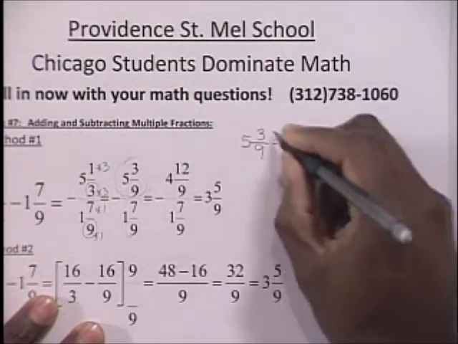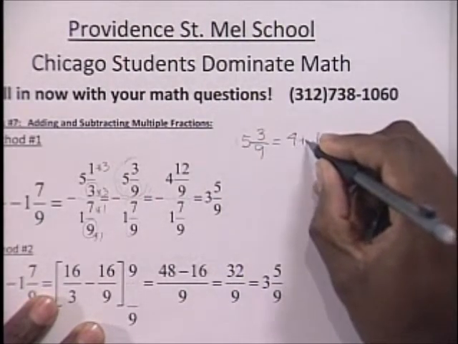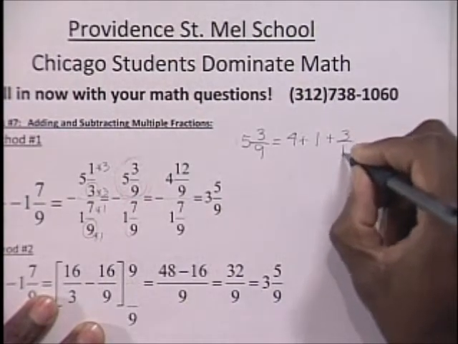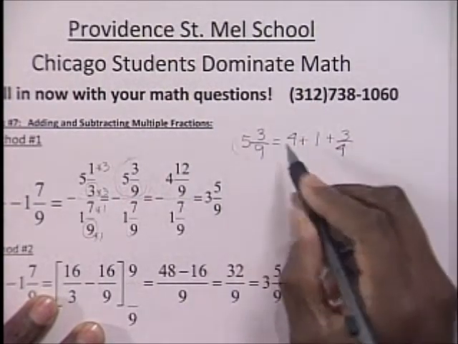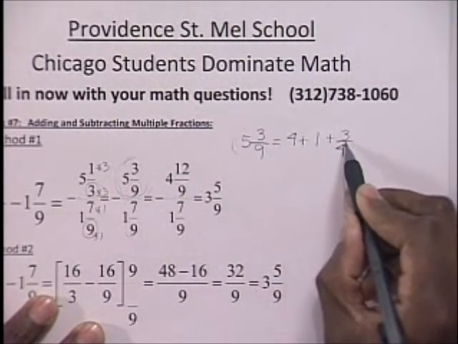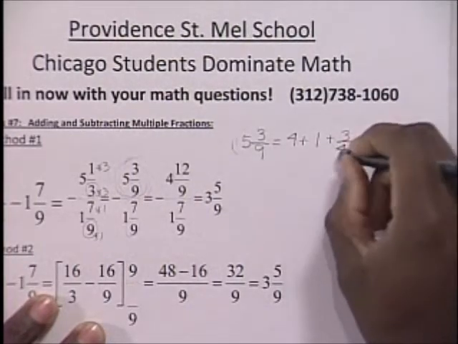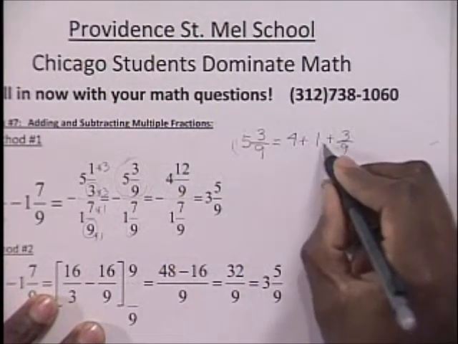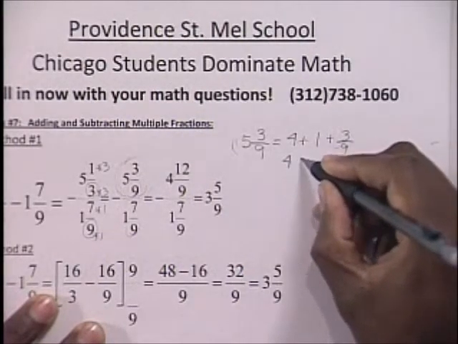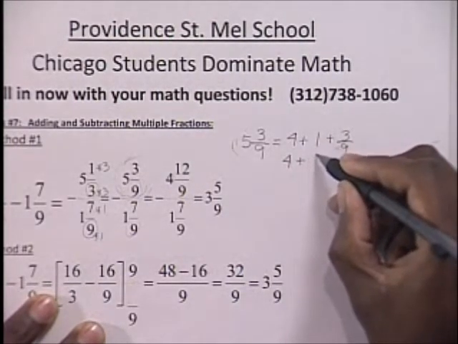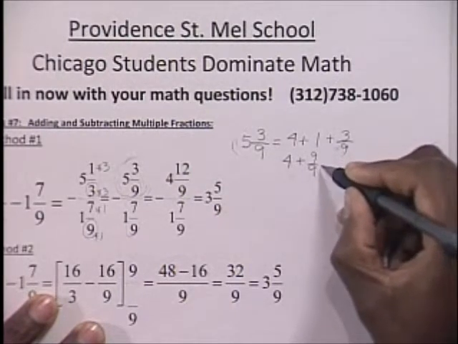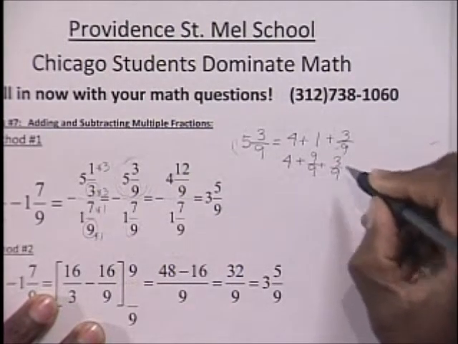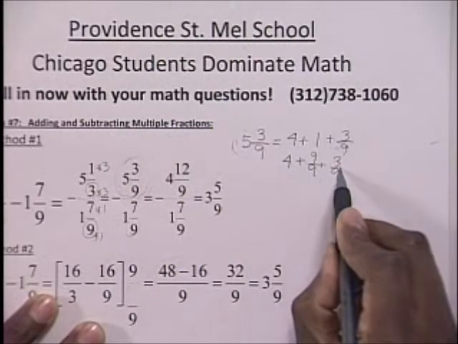But we want to rewrite 5 3/9. 5 3/9 is the same thing as 4 plus 1 plus 3/9. Another way to rewrite this is 4 plus 1 plus 3/9.